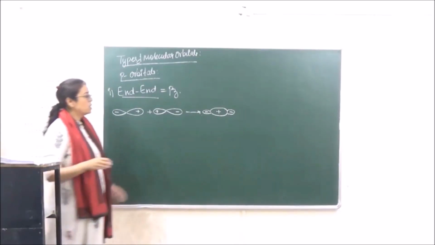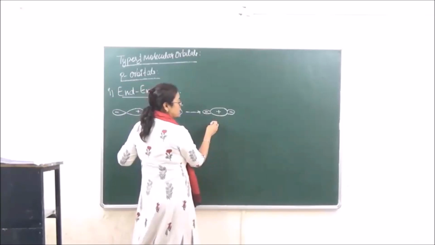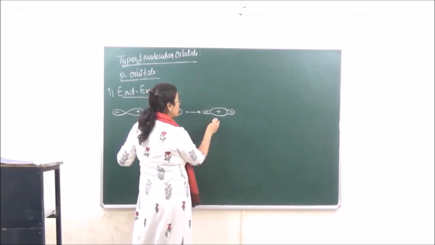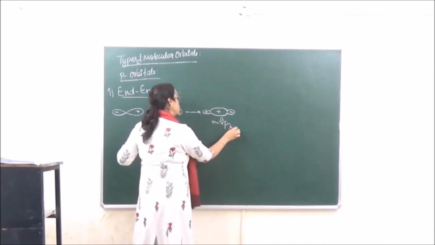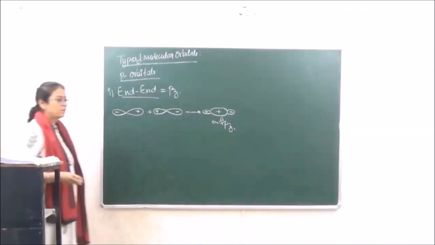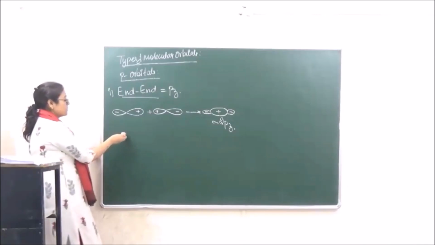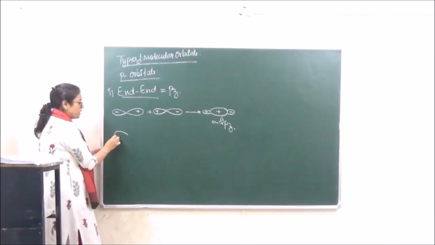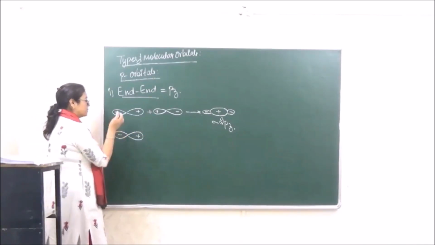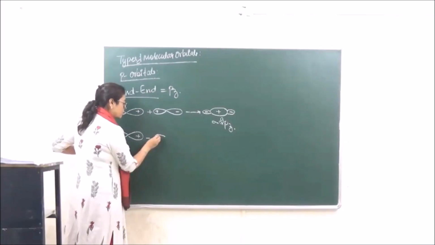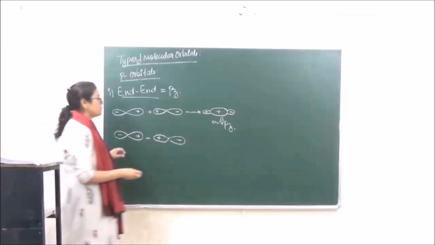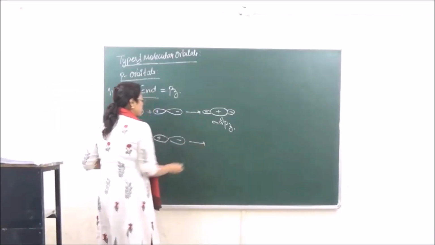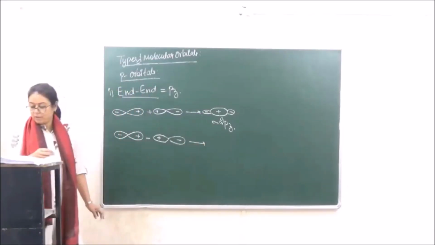And this is known as what? Bonding molecular orbital. Okay, so this is going to be sigma 2pz, right? Now if subtraction is going to take place over here, subtraction is taking place over here. In this case we are going to have a nodal plane in between.